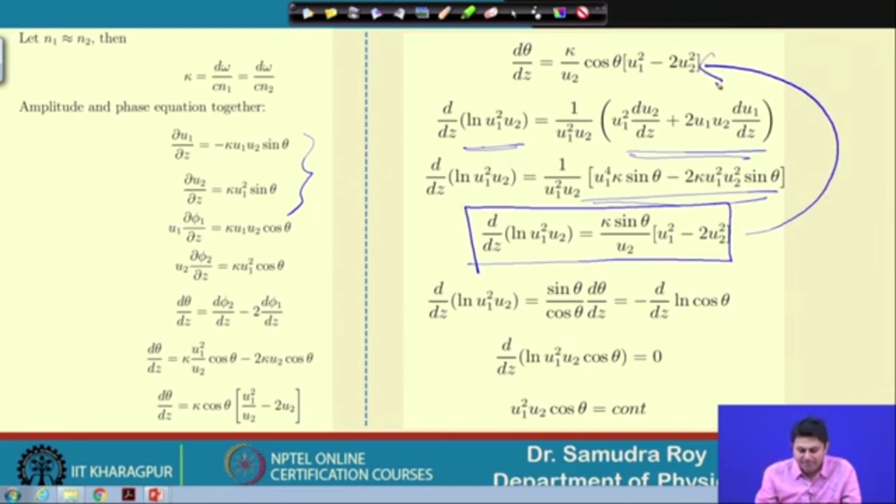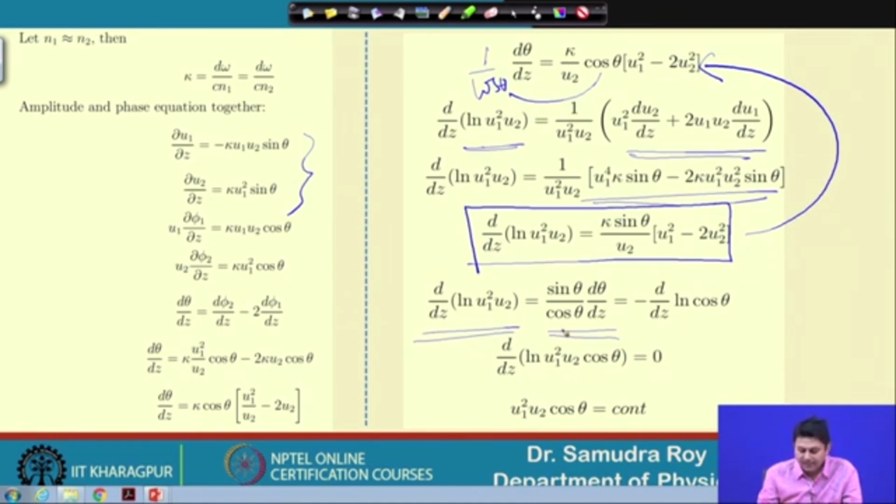If I slightly manipulate this, with this cos theta and all these things, I can write d cos theta by dz divided by cos theta. So, 1 by cos theta will be this term, and now sin theta by cos theta times d theta/dz is equal to d/dz of ln of u1 square u2.